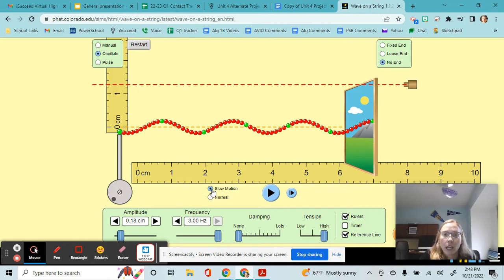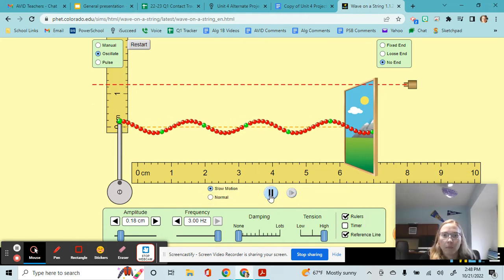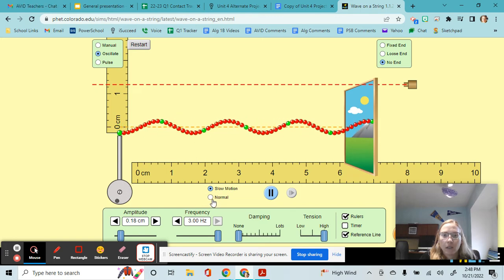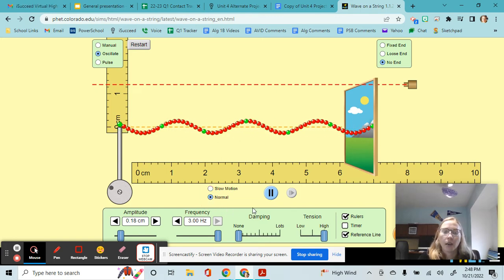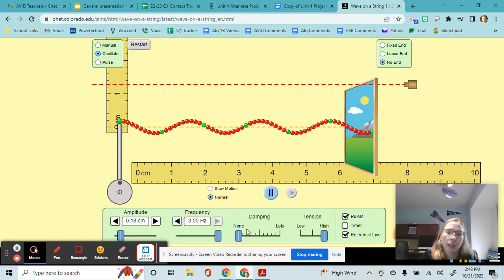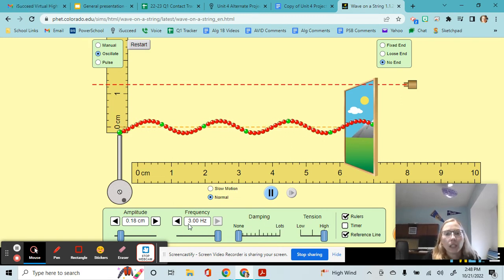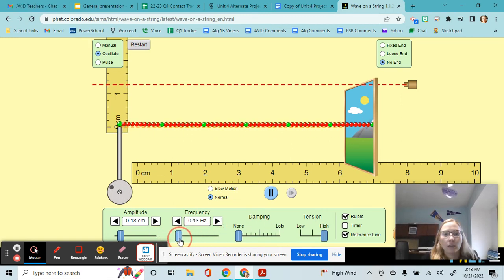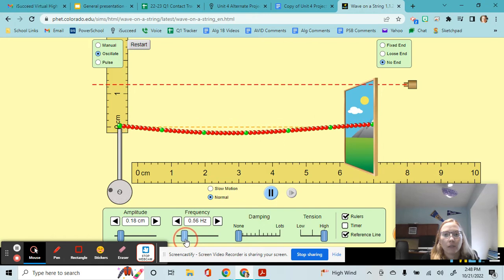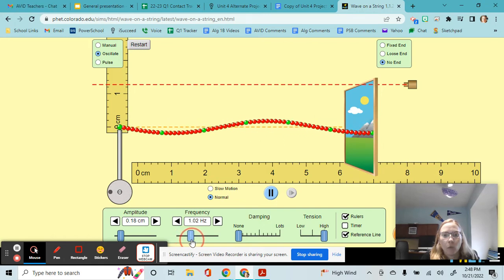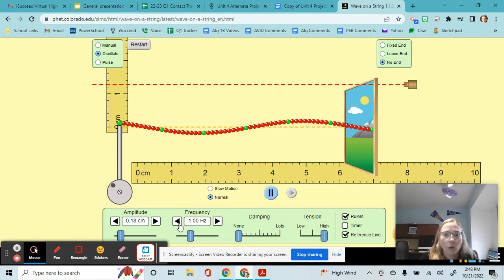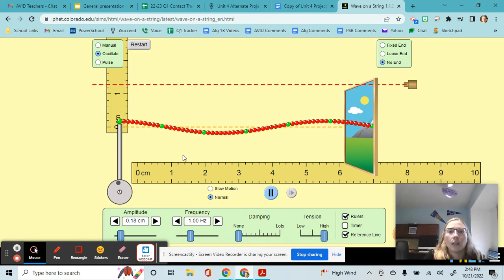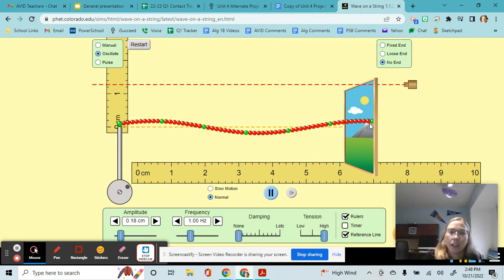You can slow it down if you would like, but just to get a sense of the real energy, I'd say keep it at normal. And then we can lower it all the way down, almost down. I think we leave it at 1 because we want 1 wave per second. And so you can see how maybe that might have some reduced energy there.